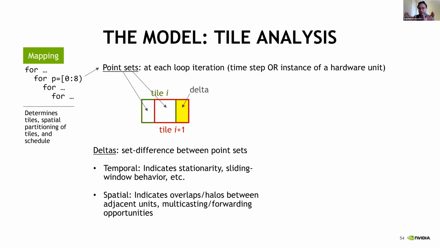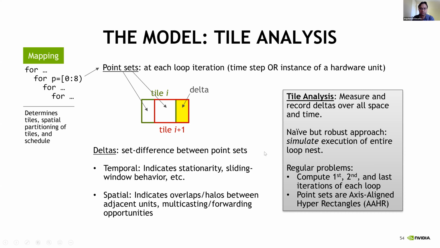So for example, if two adjacent units have exactly the same tile or exactly the same temporal delta over time, that means that a parent unit that's filling data into them can multicast that data, right? And it also informs forwarding, right? So if two units share data over time, then you can reason that this unit could have forwarded this data to this other peer unit. So all of this information can be extracted from the delta.